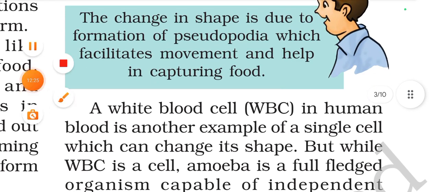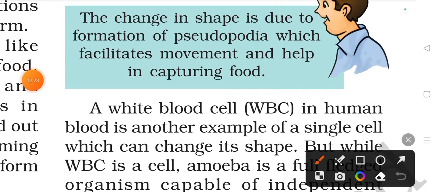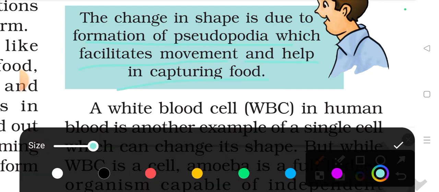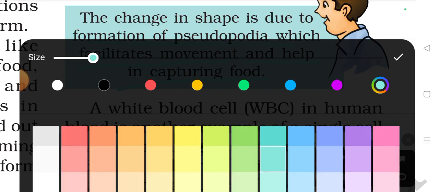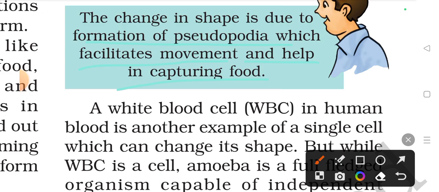So the change in shape is due to formation of pseudopodia, which facilitates movement and helps to capture the food. Of course, so the question which was asked by Paheli is being answered.